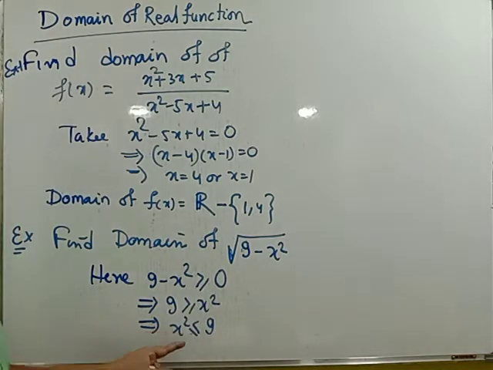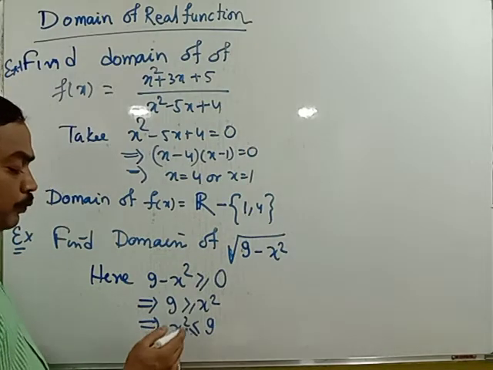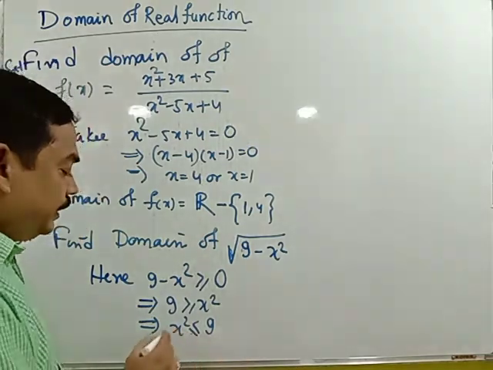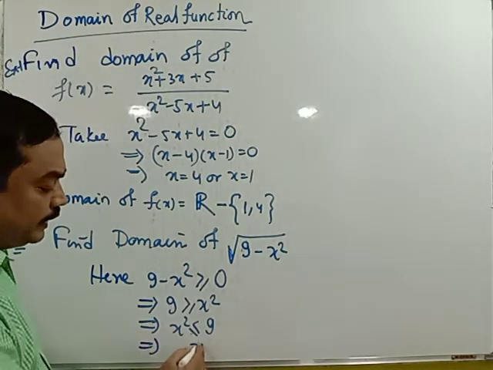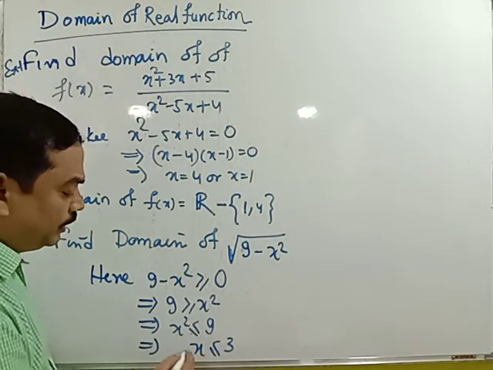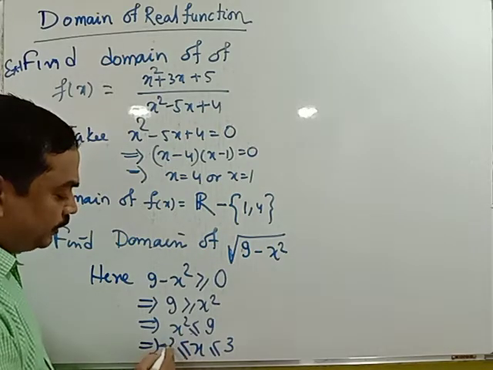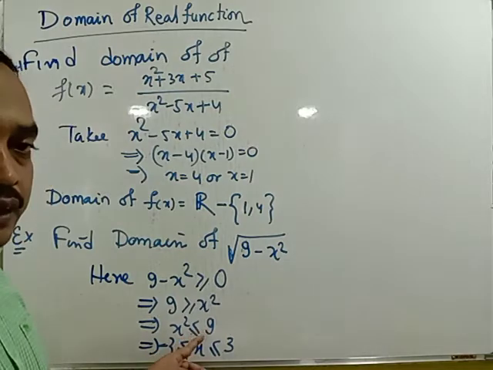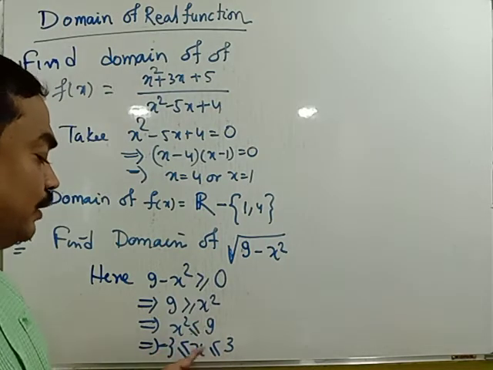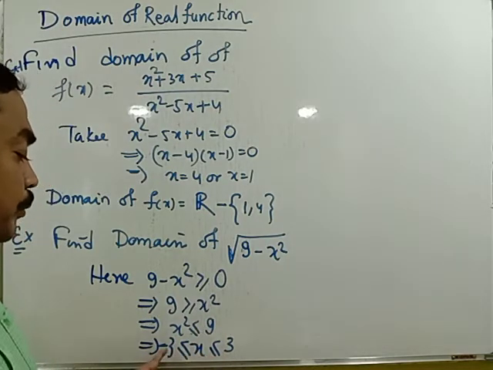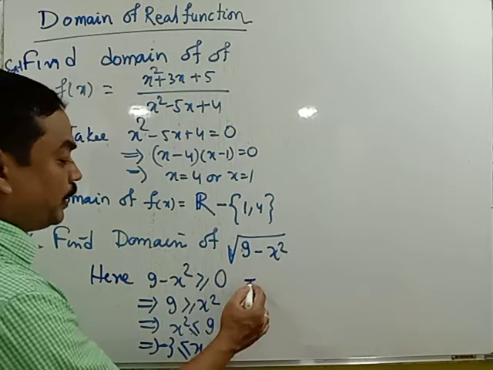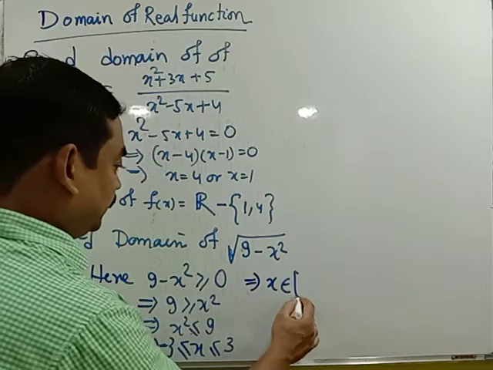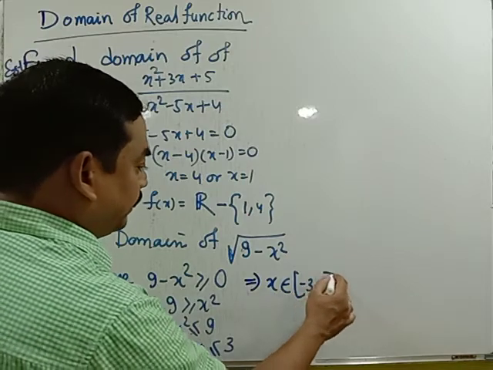Now you have to find x. For what values of x is the square less than or equal to 9? This implies x is less than or equal to 3 and greater than or equal to minus 3, because if you take the square of a negative number, you also get a positive number less than 9. So x lies between minus 3 and 3, which means x belongs to the closed interval minus 3 to 3.